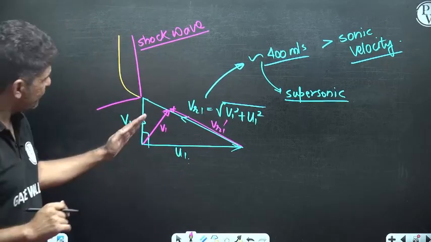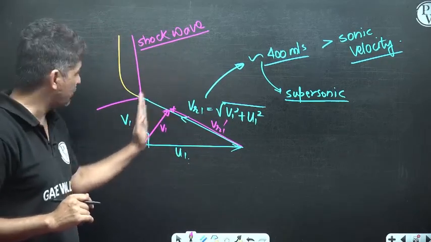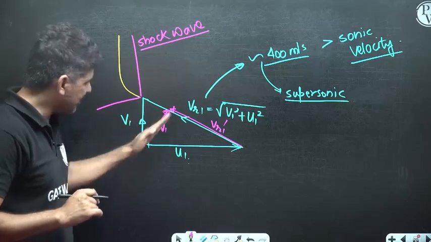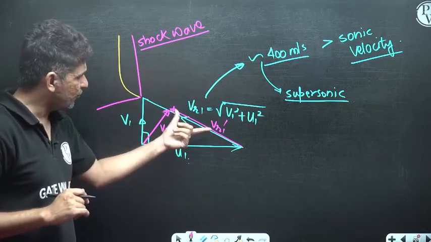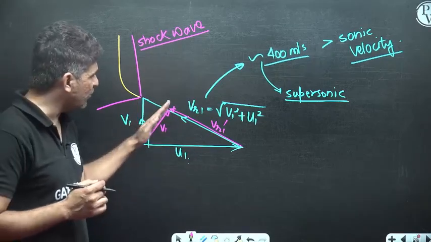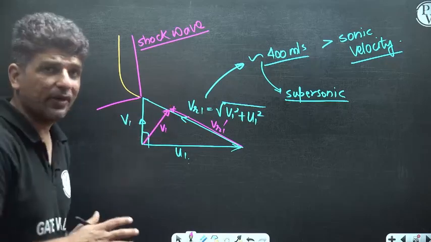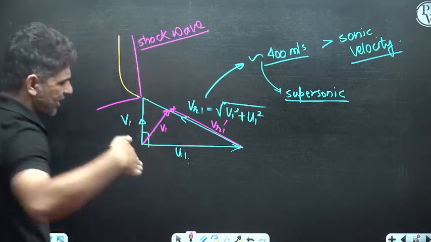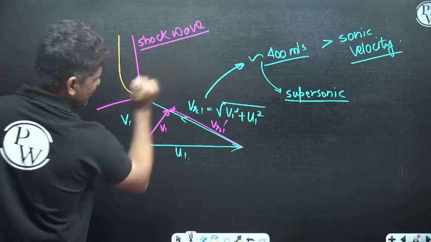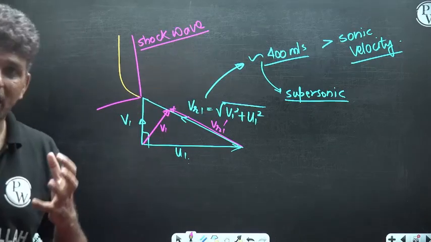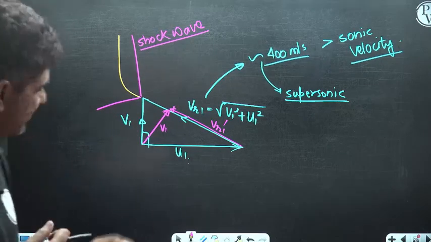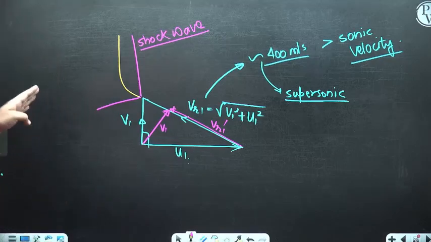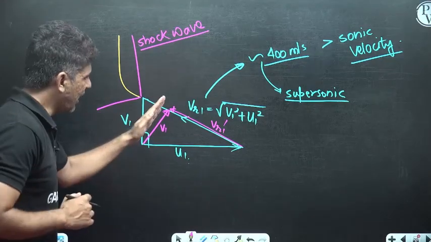So you see that if your absolute velocity comes like this, not radially, then your VR1 reduces. So how can you convert this velocity like this? Whatever is the velocity that is coming, instead of sending it radially, you have to send it in this direction. So how do we actually change the motion of this velocity?